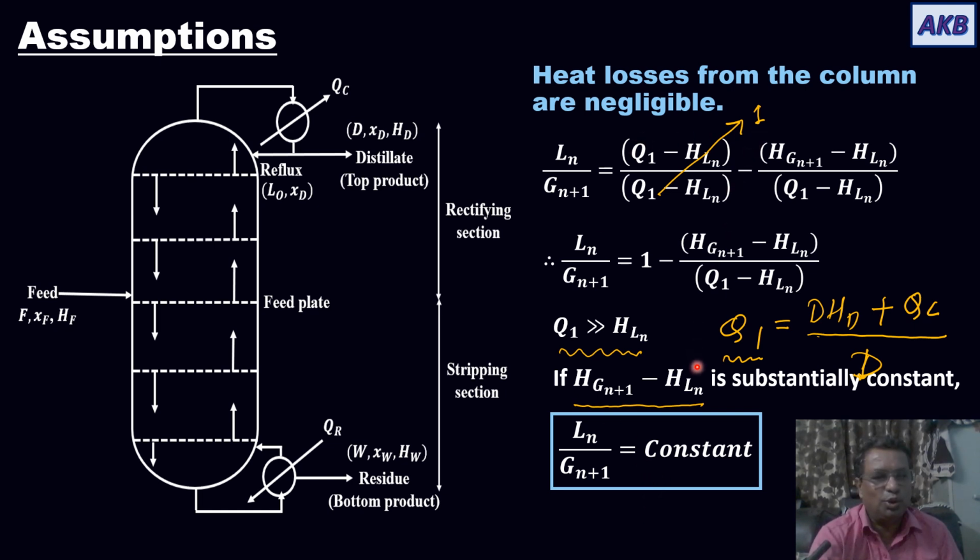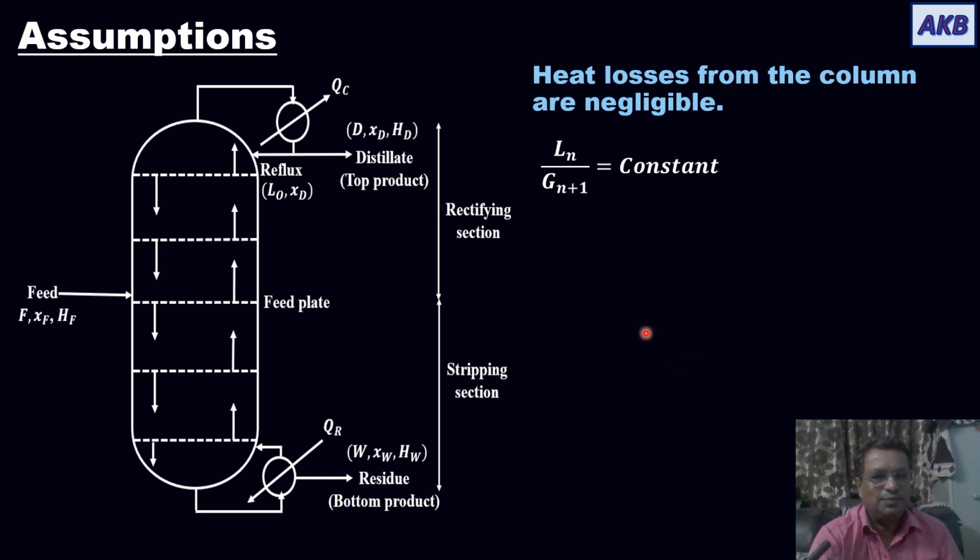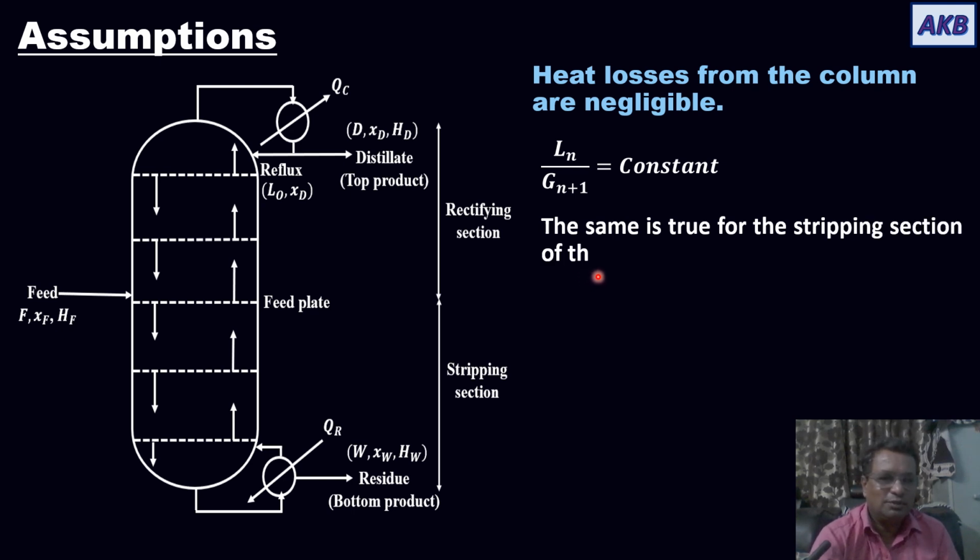Heat losses from the column are negligible, so we got this conclusion, Ln upon Gn plus 1 is constant. You can do a similar analysis and come to the same conclusion for the stripping section. The same is true for the stripping section of the column. That means for the stripping section, the ratio L bar m divided by G bar m plus 1 is constant.